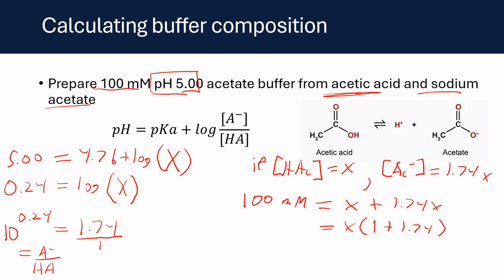This, of course, again, really difficult math, equals 2.74. And all you have to do now is divide both sides by 2.74. And this will give you the value of X.